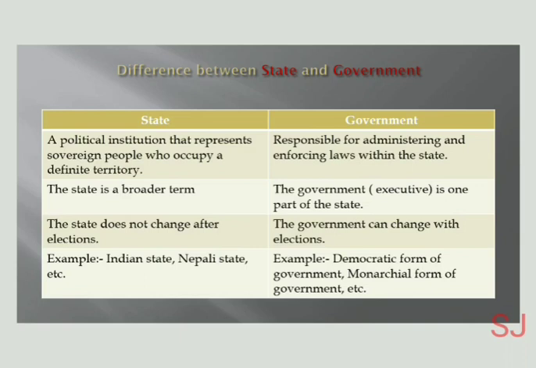The state is basically permanent, and the government, on the other hand, is responsible for administering and enforcing laws within the state. The state is a broader term, but the government is a part of the state. It is a narrower, smaller term which comes within the state.